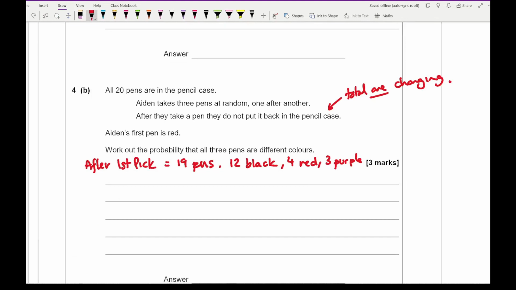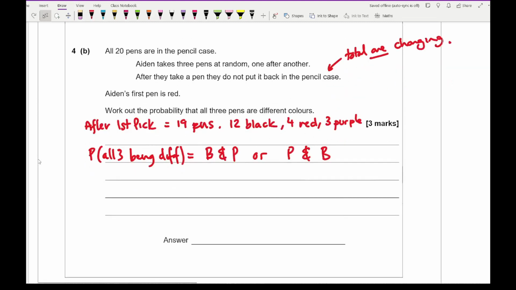Now the question is asking, work out the probability that all 3 pens are going to be different. Well, he's already picked a red pen, so the probability of all 3 being different is going to be either picking a black one and then a purple one, or a purple one and then a black pen, because he's already picked a red one.